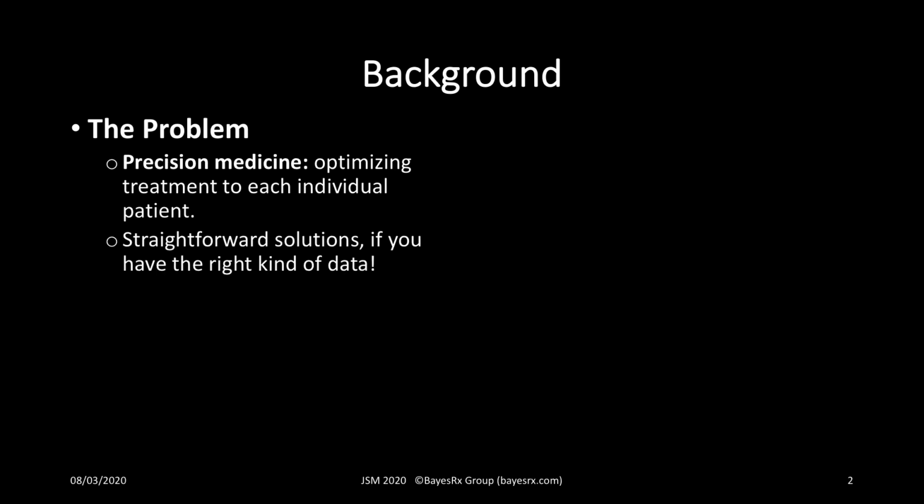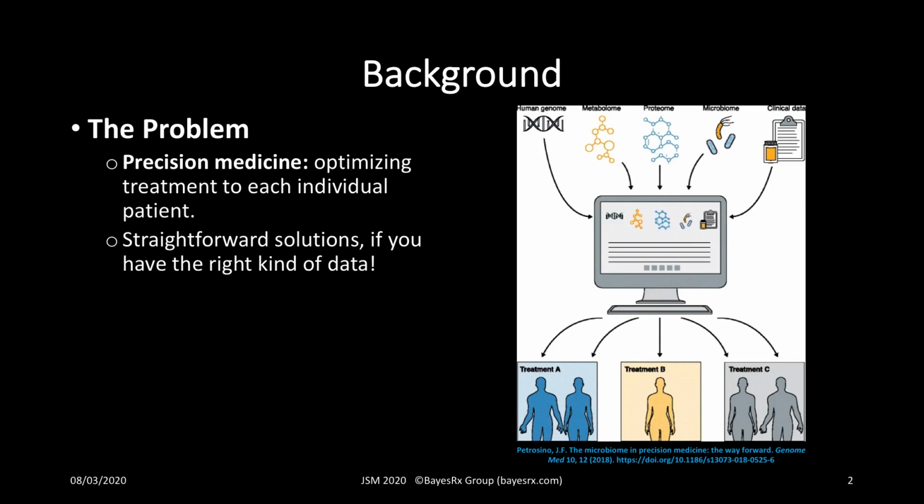This is an easier problem and has some simpler solutions if you have the right kind of data. For example, if you have data like this, where for a set of patients you have multiomics data plus some clinical information, which importantly includes also their responses to the set of drugs that you were trying to look at, then you could basically fit a training model based on that for the drug responses on whatever other omics and non-omics covariates you have.